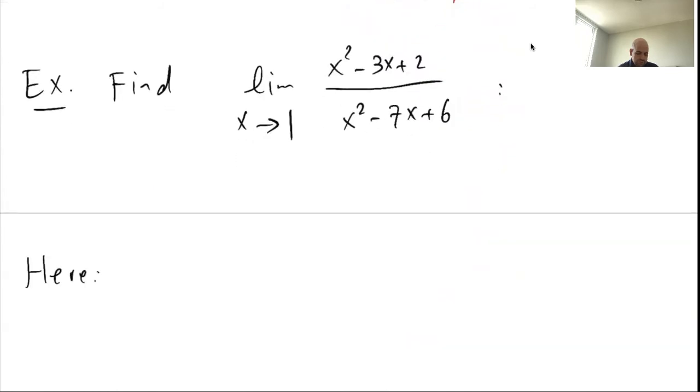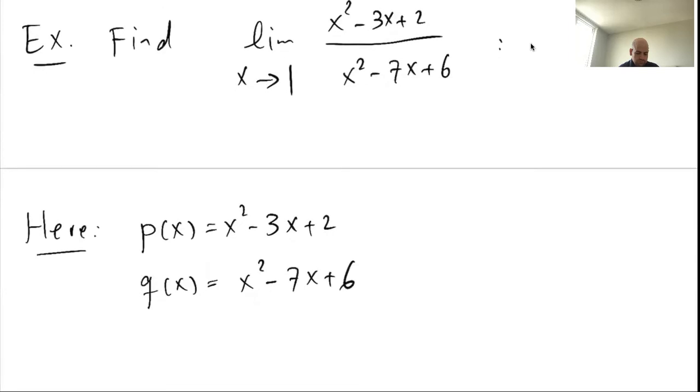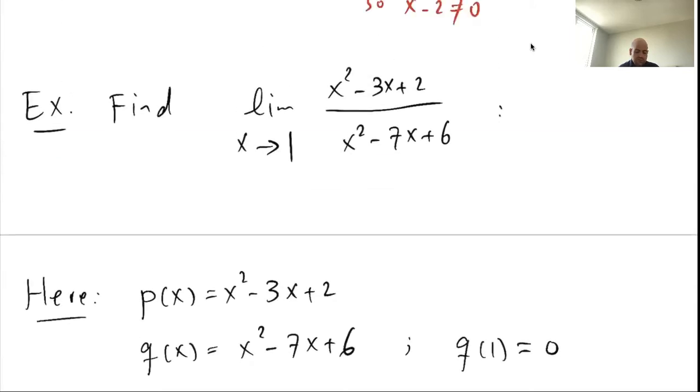So here P of x is equal to x squared minus 3x plus 2, and Q of x is equal to x squared minus 7x plus 6. Right? And Q of 1 is 0. So we said if Q of 1 is 0, then we have to look at P of 1. Is that also 0 or not?